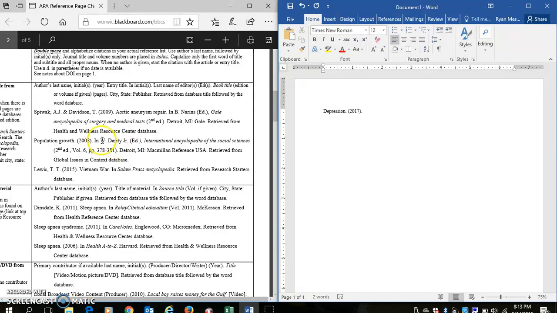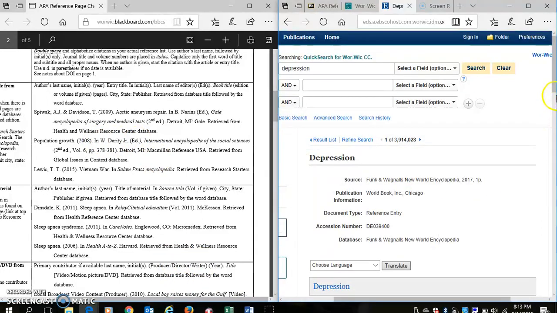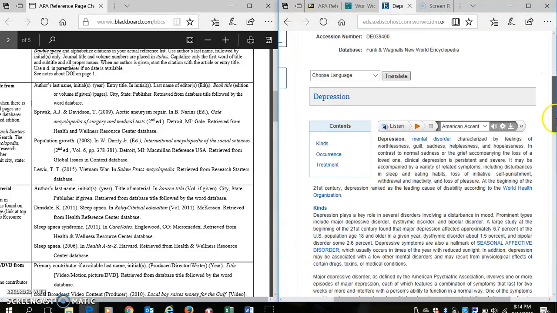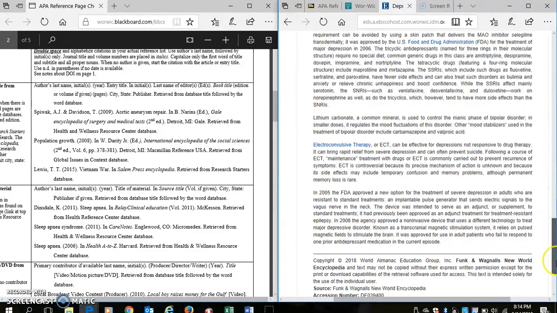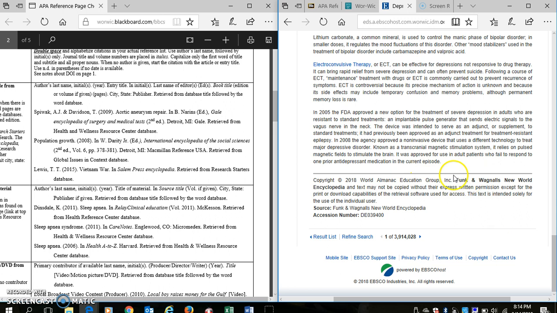And now we get to the part where we're talking about the encyclopedia. So you see how this says that there is an editor? Well, if we look here, with the information we're given, it doesn't say anything about an editor. Usually if there was an editor, we would have something down here. So because there is no information about an editor, what we're going to go with is this version here.